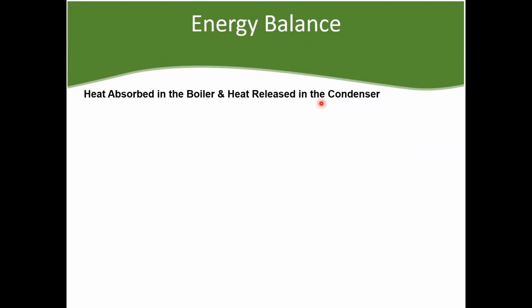Now let's look at the energy balance. This is the energy balance equation for a steady state flow. So remember, we focus on the boiler, heat absorbed in the boiler. So boiler first.